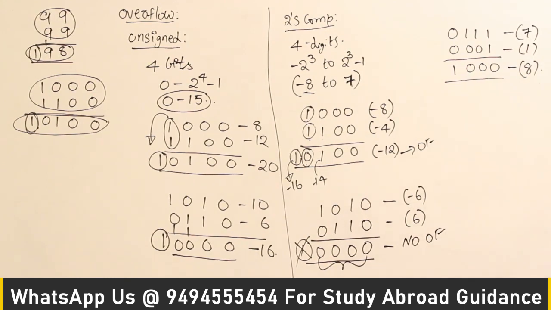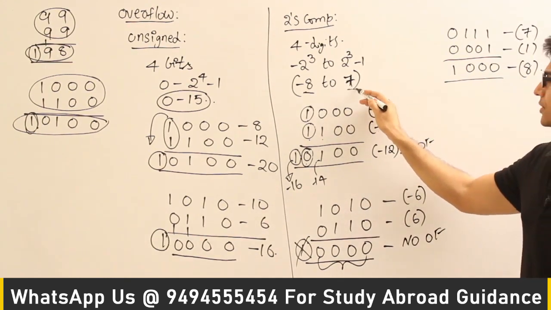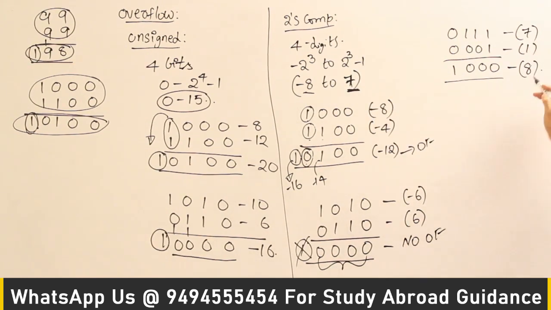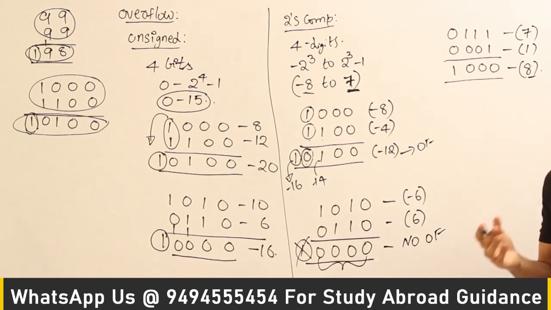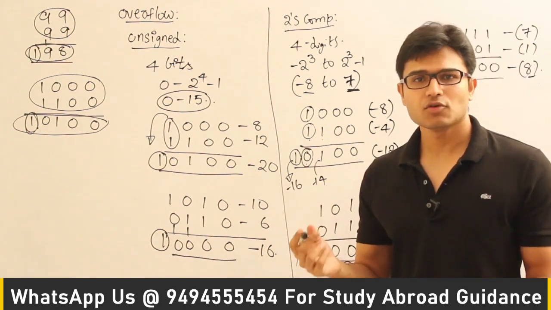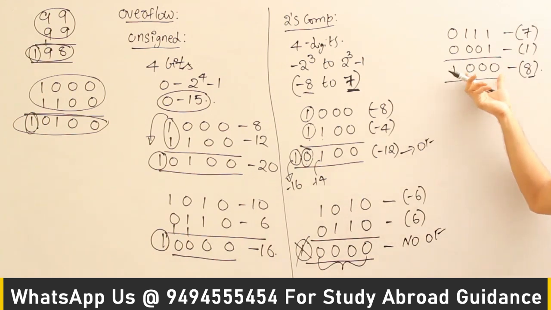But look at the range of positive numbers that can be represented by a 2's complement number. 7 is the largest number that you can represent, but here we got 8. What does it mean? It means that there is again overflow here. What is overflow? If the result cannot be represented in the given number of bits, then that is overflow. Given number of bits is 4 and the result is 8. I cannot represent it, therefore it is overflow.